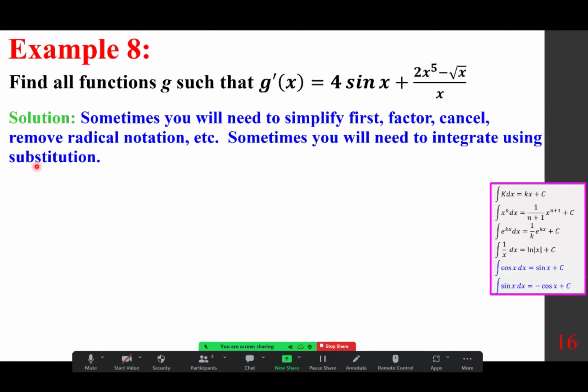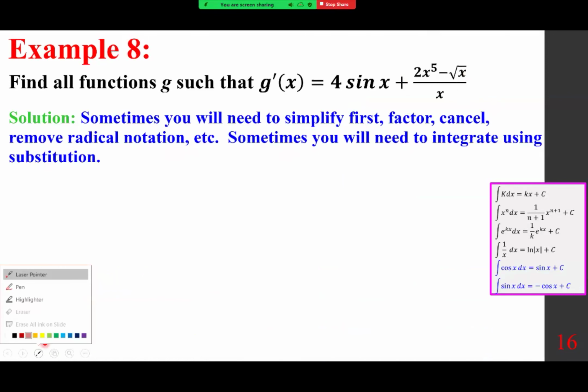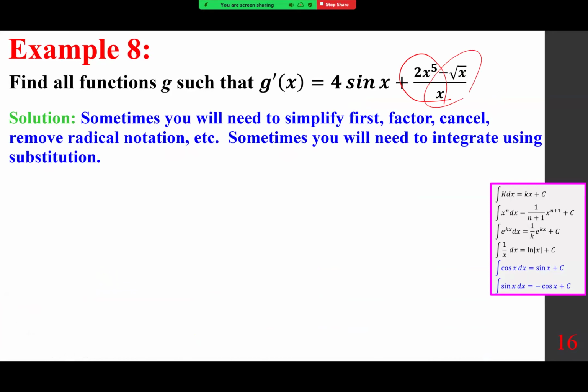So what we are going to do, we're going to make up 2 fractions here, first and foremost. This one gives us 1 fraction. This one gives us another one, and square root of x is the same as x to the power of 1/2, and this is x to the power of 1.